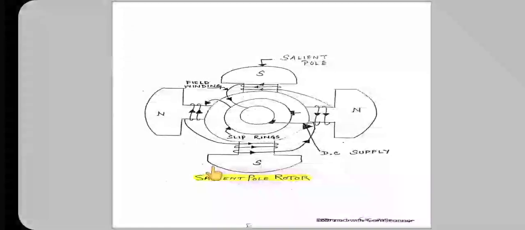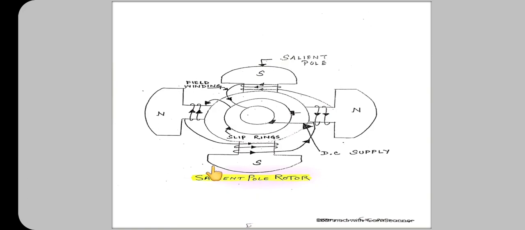Now let us see, the figure shows a salient pole type rotor. In this type of rotor we can see two pairs of salient poles. These poles are projected outward from the rotor. This is why it is also called a projecting pole type rotor.